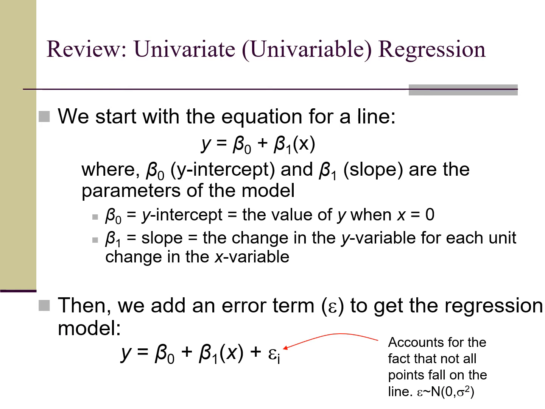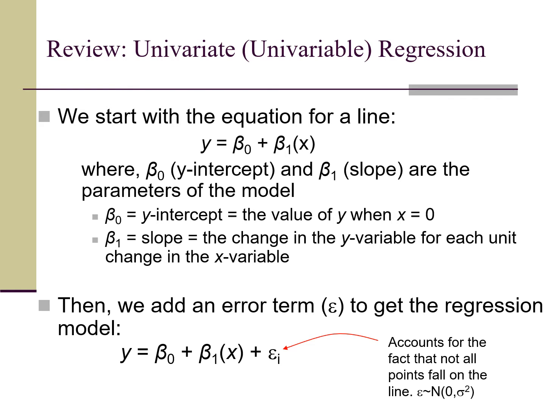So we start with the equation for a line. You probably saw this relatively early in life. Y equals mx plus b. Well, in this case, we're referring to this as y equals beta 0, the intercept, plus beta 1, the slope, times x. So beta 0 and beta 1 are the parameters of the model.